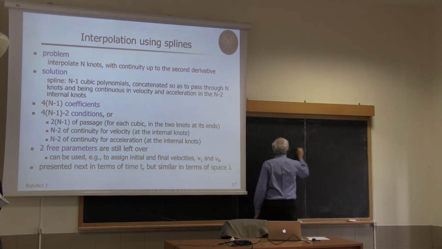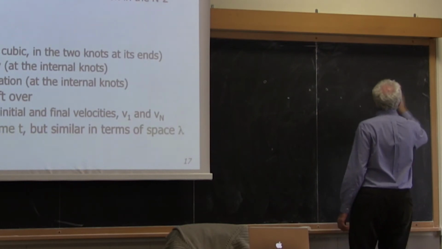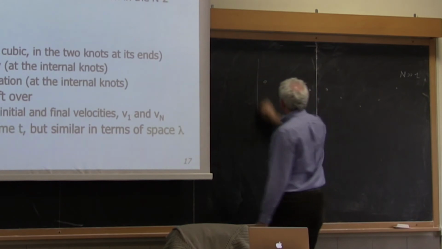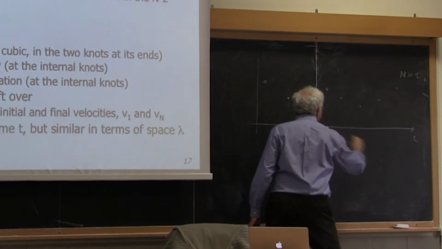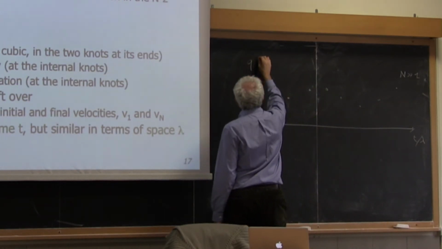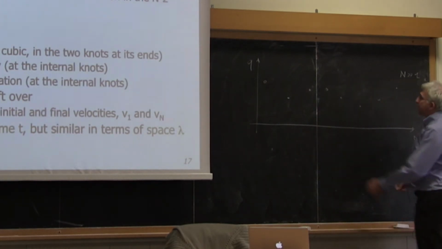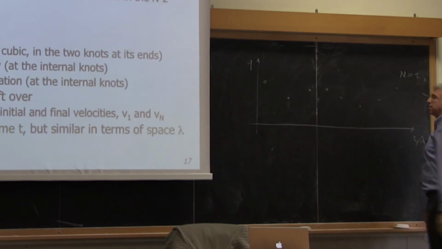Suppose that you have to interpolate many points. So n is very large. And this is the generic time or lambda, and this is the generic joint q. Suppose that n is, let's say, 8.